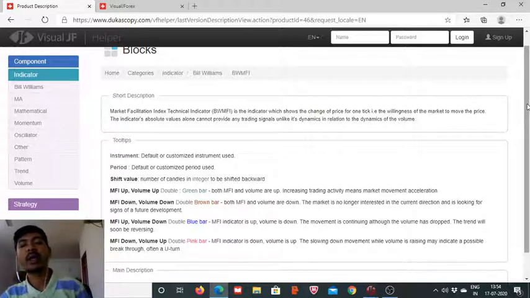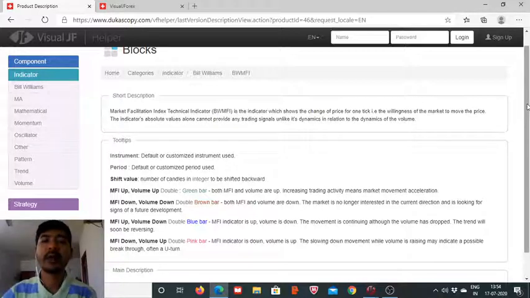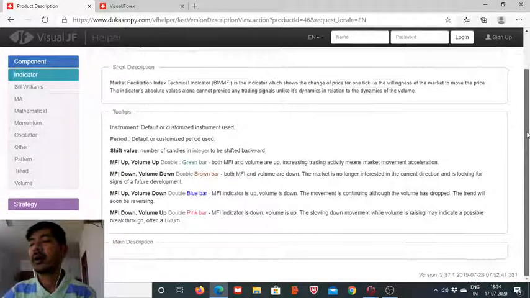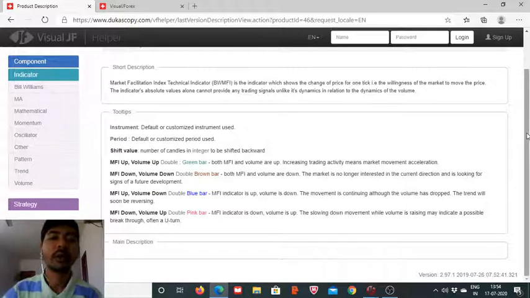What you get is the dynamics and the volume which is driving that price. So you have to use this data in conjunction with any other technical indicator which will help you determine the trend.